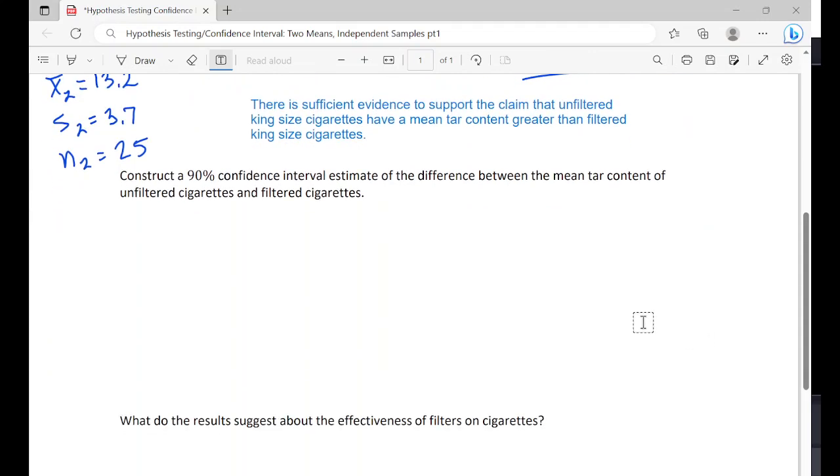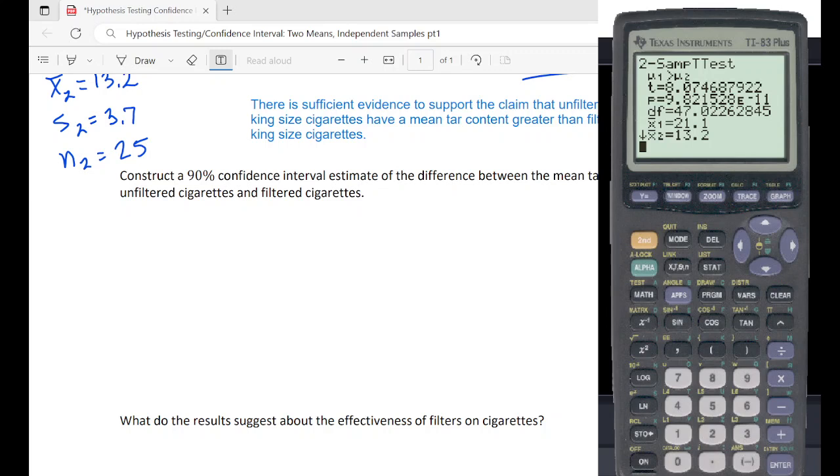Now, what if we want to construct a 90% confidence interval to test this? So what we do is we go back into our calculator and let it do the work for us. So Stat, Tests, and before we did a 2-SampTTest to test it, now we're going to do a 2-SampTInt for the interval.